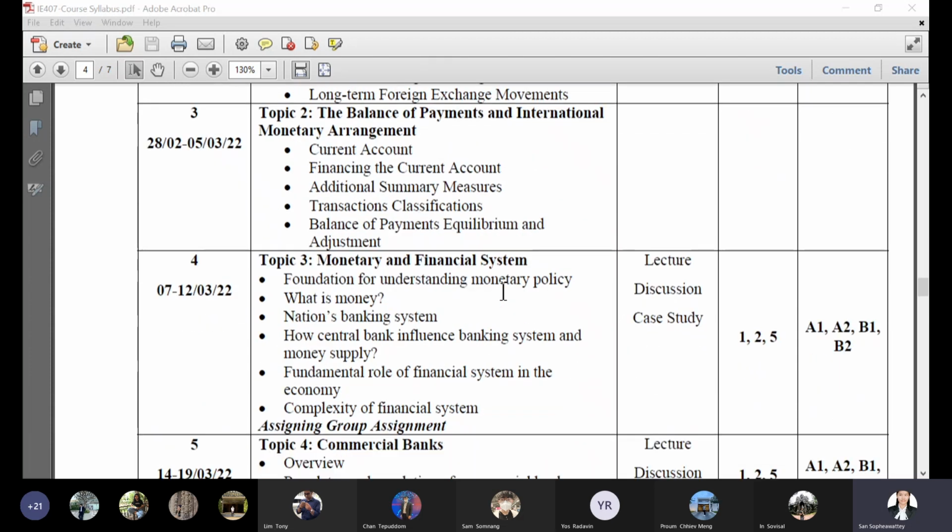Then we look at monetary and financial systems. It's also more like a review of what you have learned before in macroeconomics, probably in IE405 as well. So we just review and then add some new things.